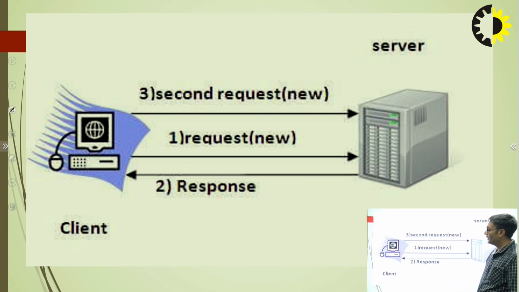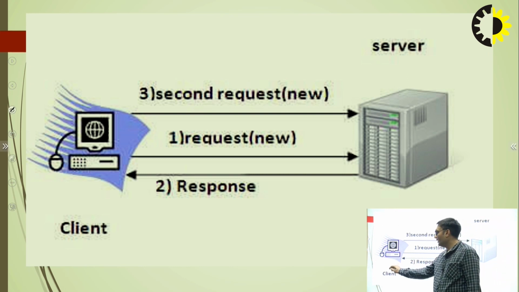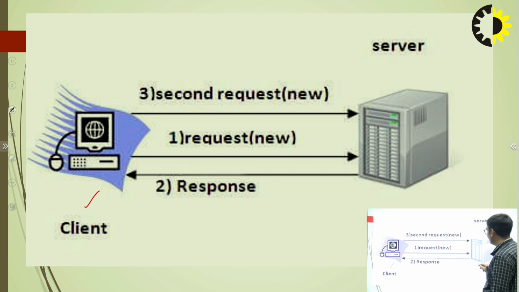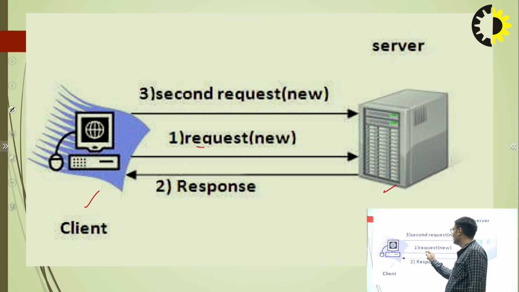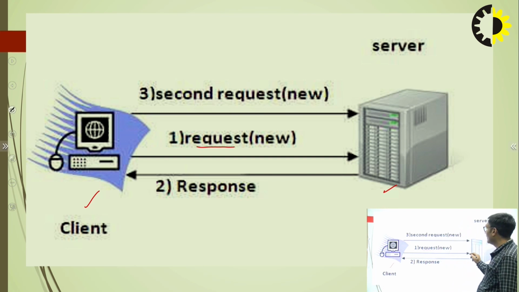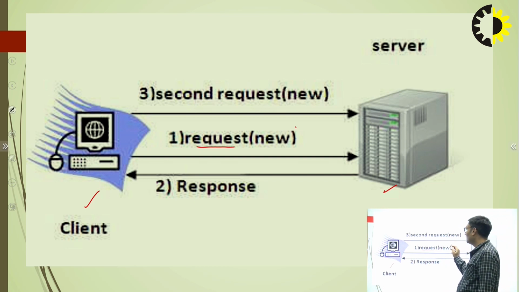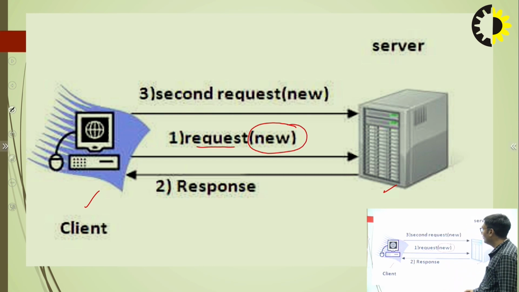So let's understand with an example. There is a client, there is a server. Client requests to the server and each request is treated as a new request and it goes from client to the server.